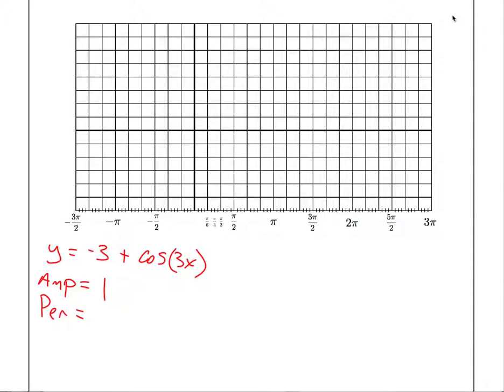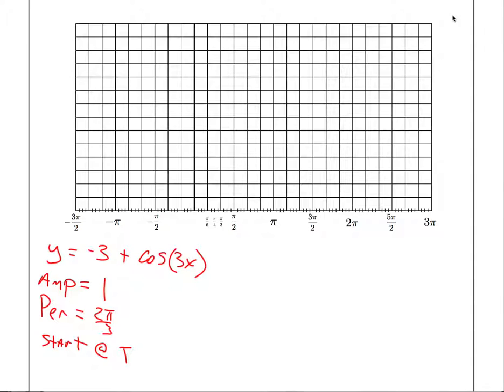You have to do 3 times. So 2 pi over 3. So 2 pi times 1/3 gives me 2 pi over 3. And start, top, bottom, or middle. Middle. No, yeah, that's top.